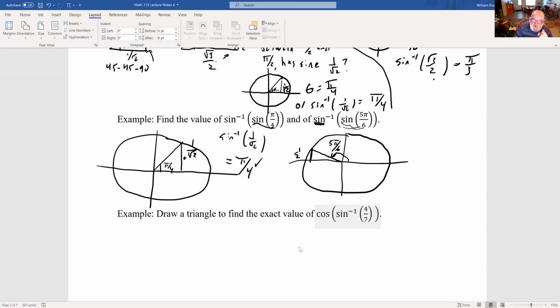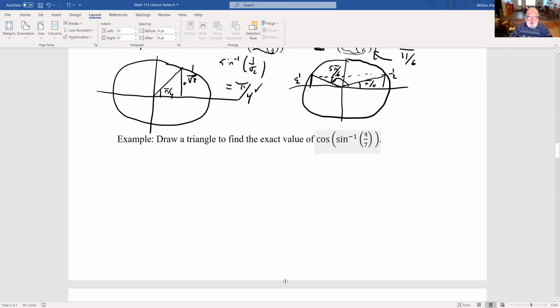But sine inverse only plays with angles between minus pi over 2 and pi over 2, on the right side of the circle. So the answer to this one is pi over 6. So sine of 5 pi over 6 is 1/2. What's the angle between minus pi over 2 and pi over 2 that has that same sine? That's pi over 6. And then we can draw a triangle to find the exact value of this thing.